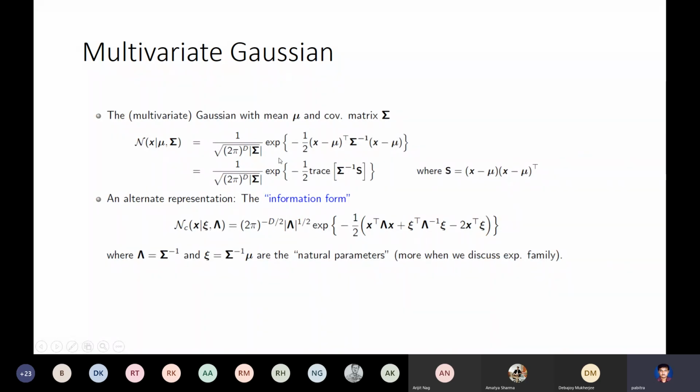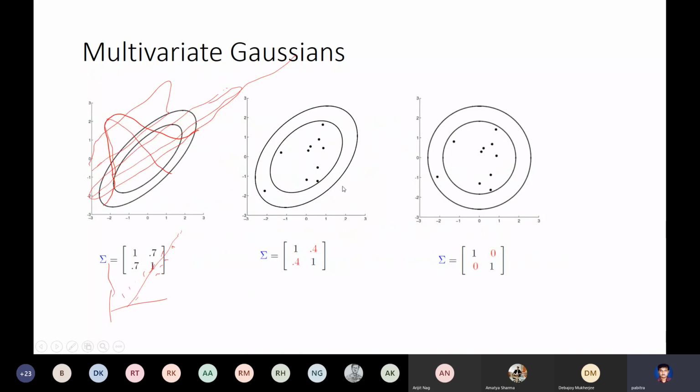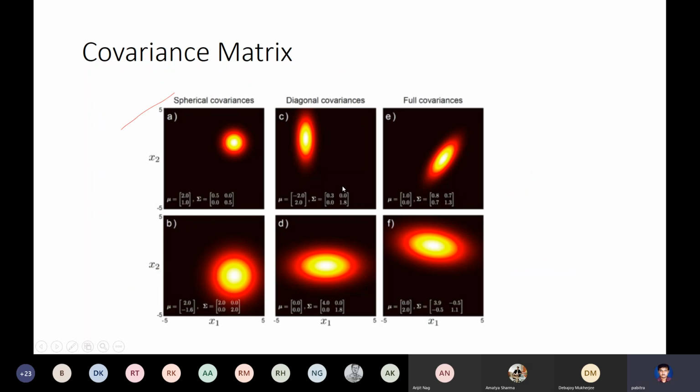This has to be positive, otherwise e to the power minus that will not go down, it will go up. So sigma has to be positive definite. Okay, so these are some visualizations and properties. And this thing, that the higher the off diagonal term or the correlation, the more x and y are dependent on each other. This fact we'll use later to devise a new algorithm.